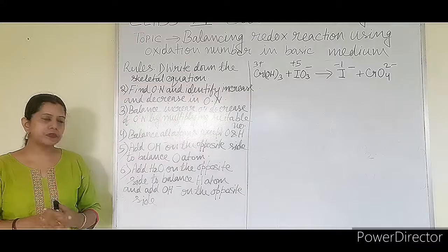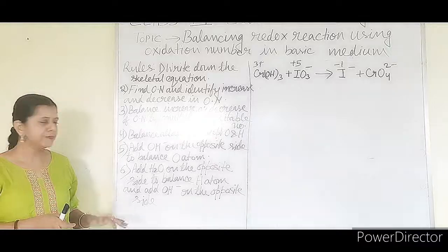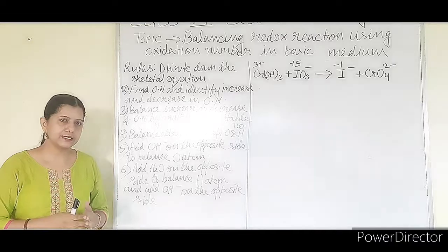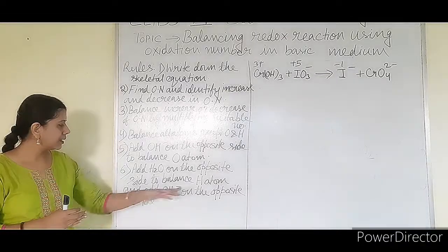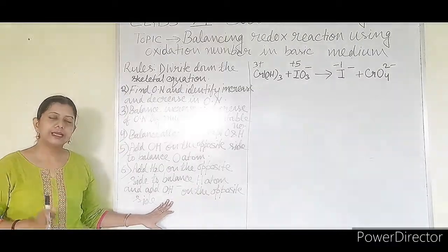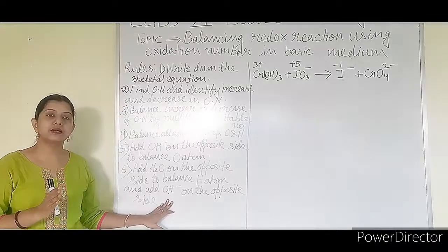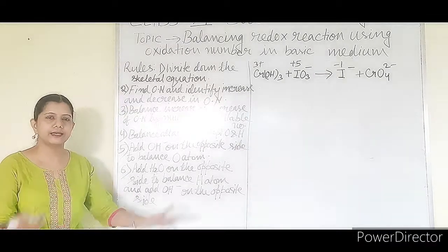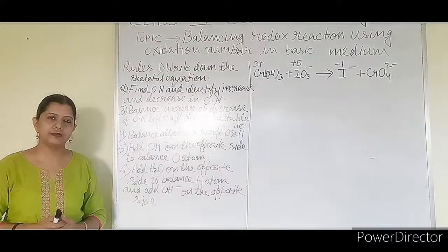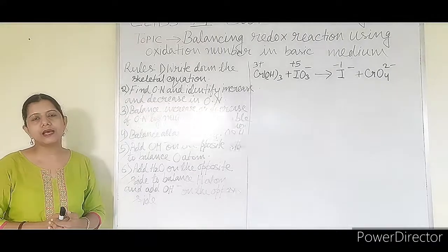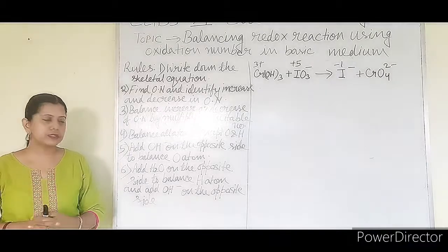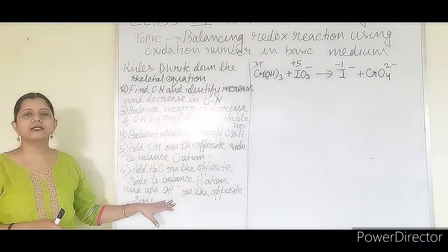Here one extra step is going on simultaneously: whatever number of water molecules we add in the deficient side, the same number of OH negative ions we will add to the opposite side, where there is extra hydrogen. In the deficient side, first we will add equal number of H2O molecules, and then in the opposite side we will add the same number of OH negative ions.